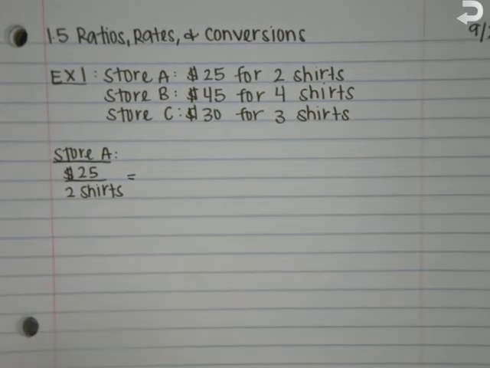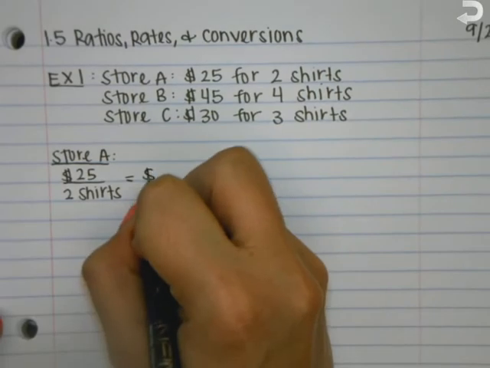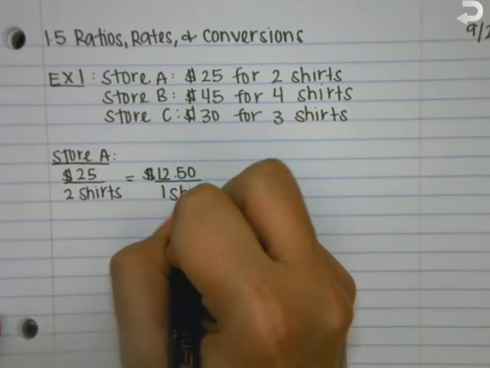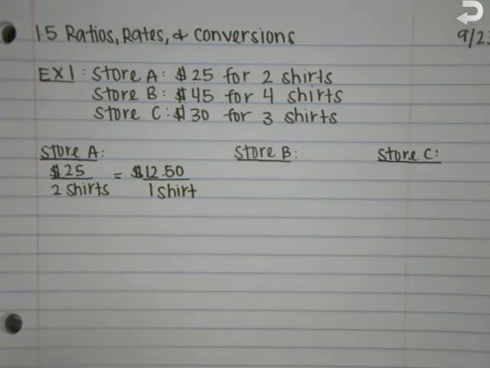For today, if you have your phone, you can use your phone as a calculator. But I'm going to do this one. 25 divided by 2 gives me $12.50 for 1 shirt. Do the rest for store B and store C for me. What did you get as the best value? Store A, store B, or store C?